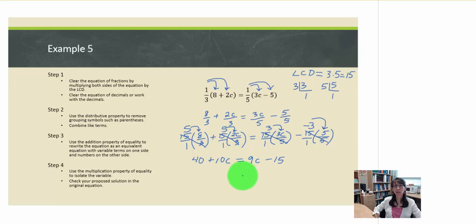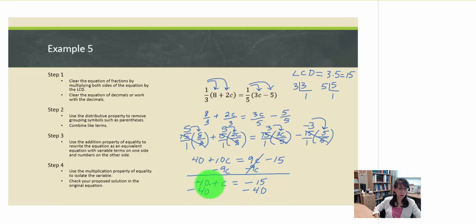So again, we're back to collecting variables on one side and constants on the other. So I'll subtract 9c from each side, and that leaves me 40 plus c equals negative 15, and subtraction of 40 will finish our problem.